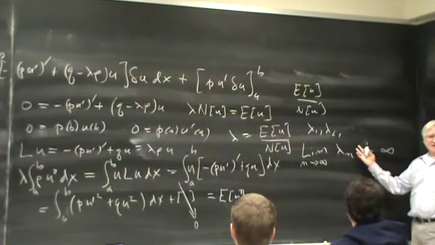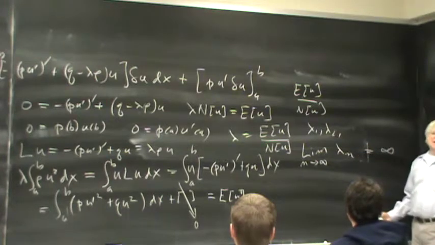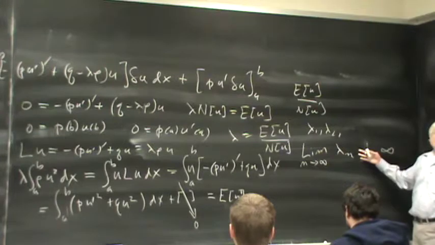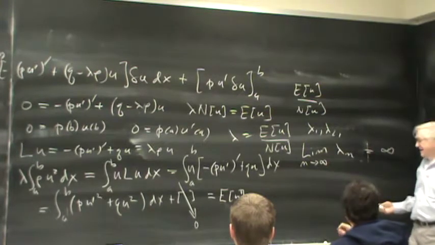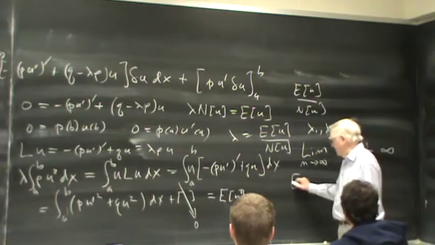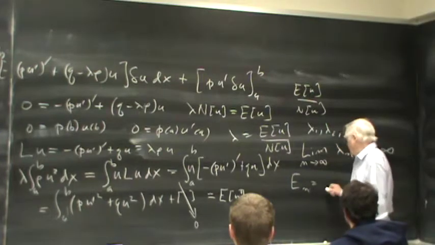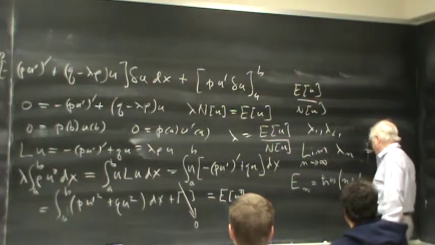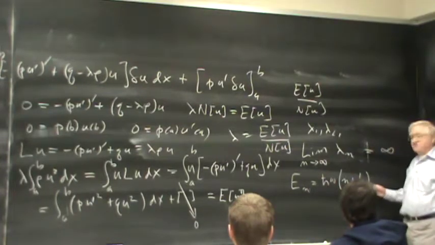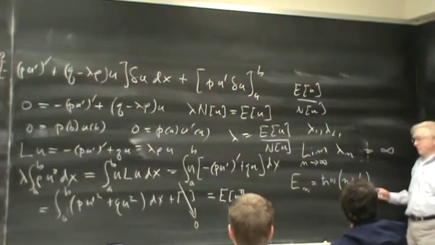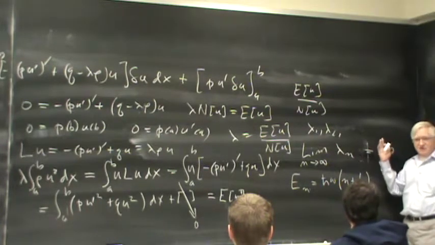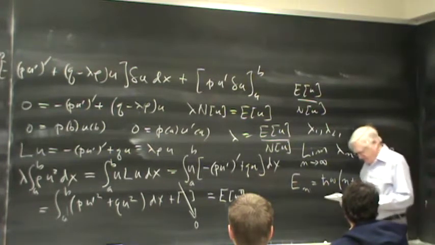That is to say, the eigenvalues might start out negative, but eventually they go to infinity. An example is the harmonic oscillator eigenvalues, E_n is h bar omega times n plus a half. For n equals 0, it's h bar omega over 2, but as n goes to infinity, the eigenvalues go to infinity.